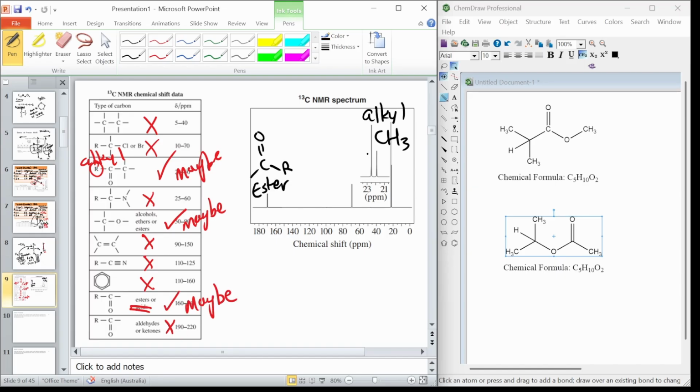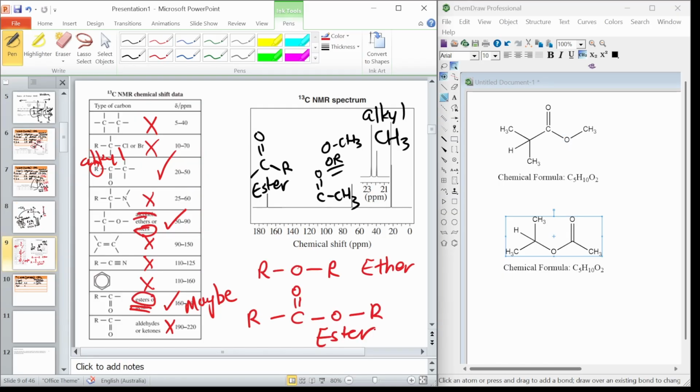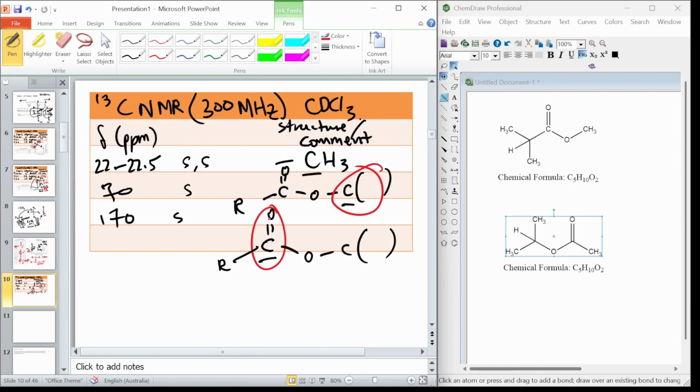So the possibility is either the OCH3 or the CH3, which is what I've shown here. All right, I'm going to explain this a bit more. There's a strong likelihood that it is an ester and not an ether.